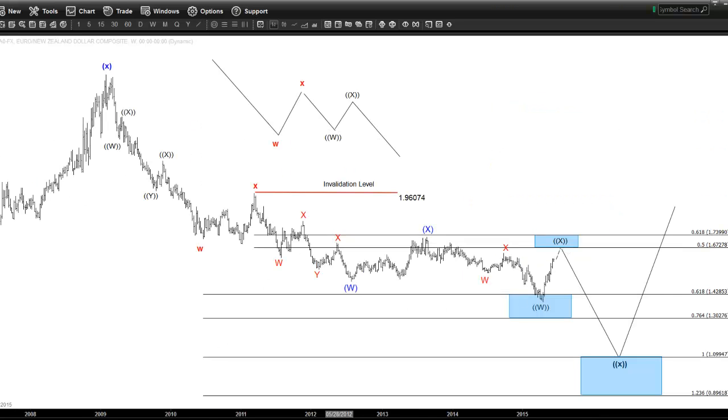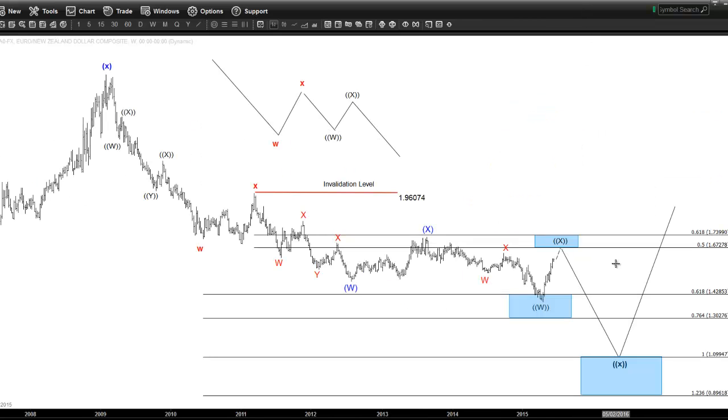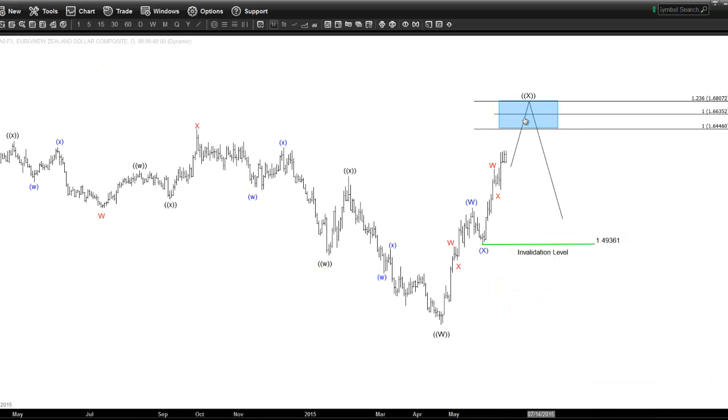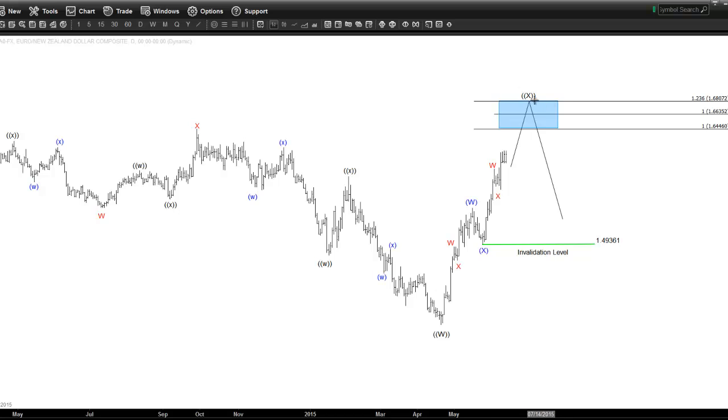Unless it is doing a triple, which means that it can get to a Y in blue and another X in blue and another rally, and that would make the pair go to 1.74. But if it is not a triple, then this area right here around 1.67, which is also in the 50 back, can potentially end the X in black.